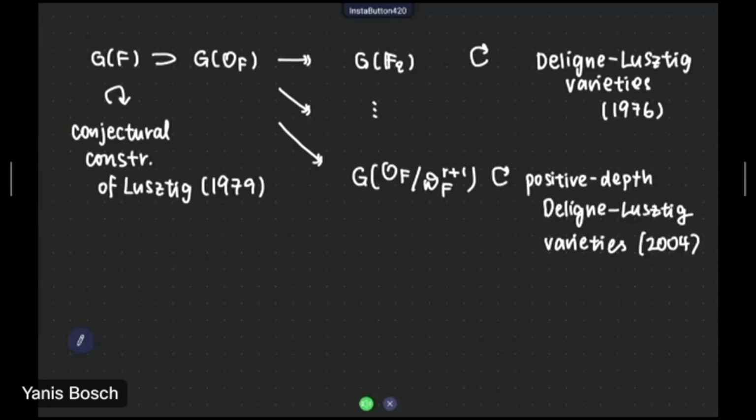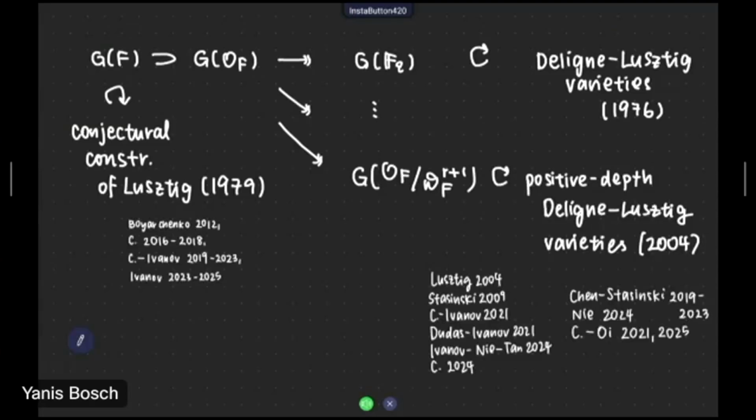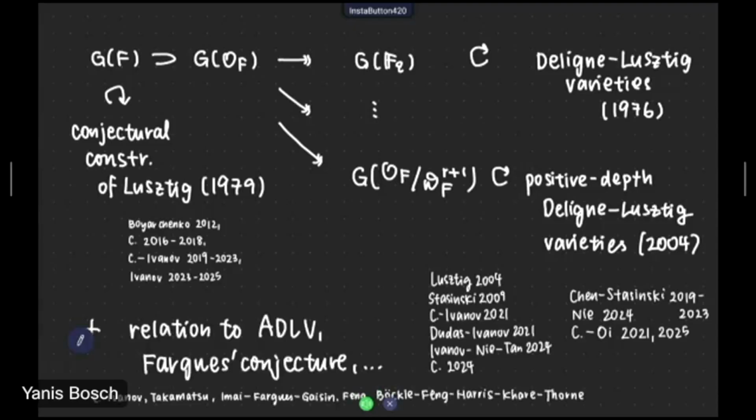So this picture has been studied by many people. And there are also relations between this picture and other p-adic geometry studied by other people. So I just write this down for some context here.